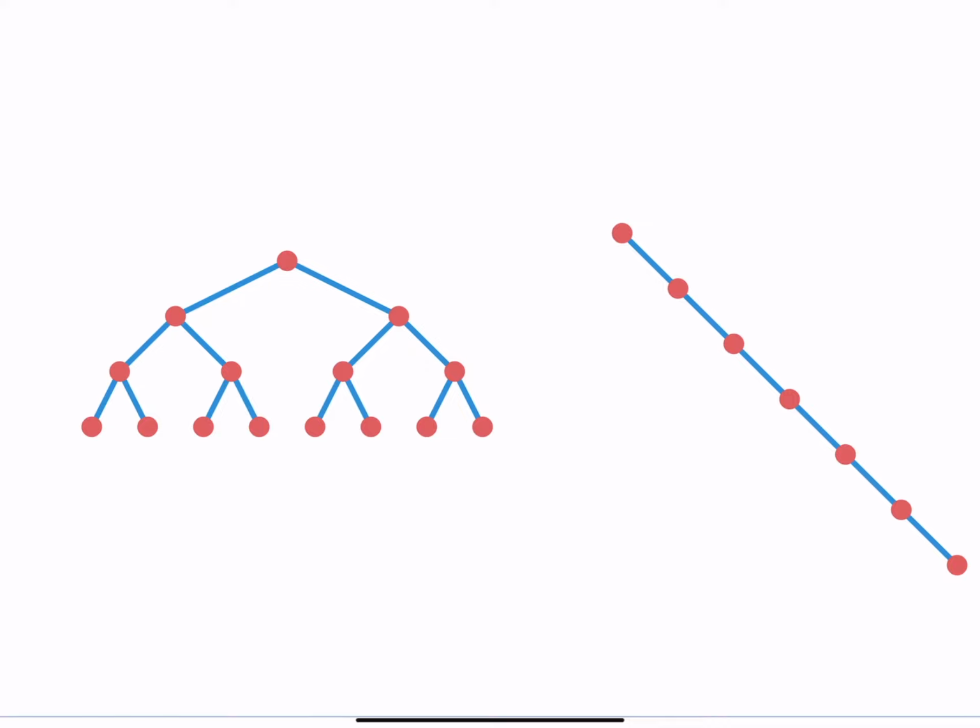Now, if you had all the keys ahead of time, it's not so hard to make something that looks like the tree on the left, right? If I gave you a big list and said, make a balanced binary search tree, what would you do? Well, one approach is to make your root the median, because that'll split things in half.